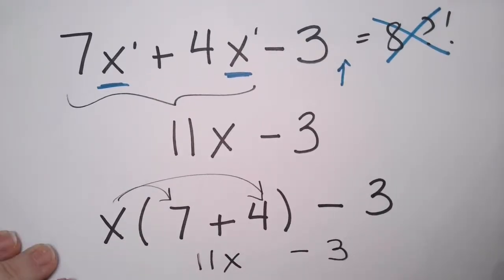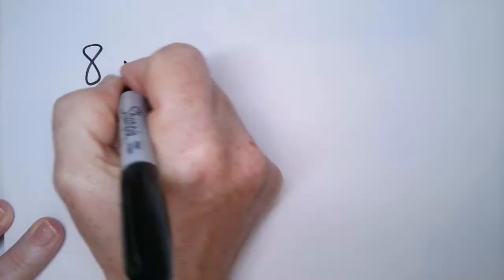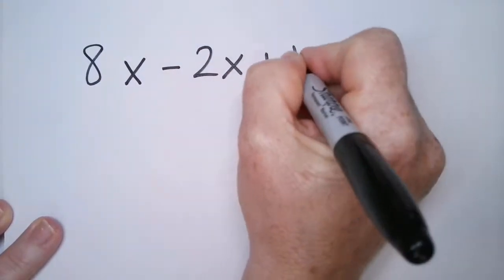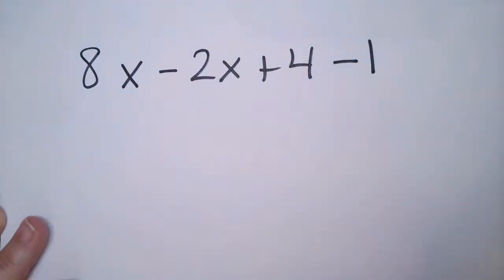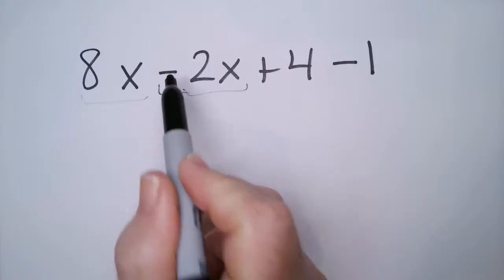Good review? Okay, let's keep reviewing so we are feeling good about this. 8x minus 2x plus 4 minus 1. Okay, go for it. You got an 8-second head start. Let's see how you do. Okay, so these both have x's, so don't forget that minus sign.